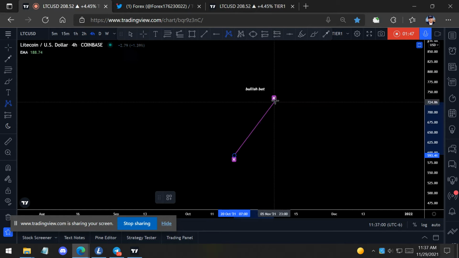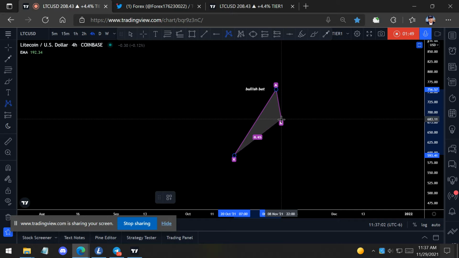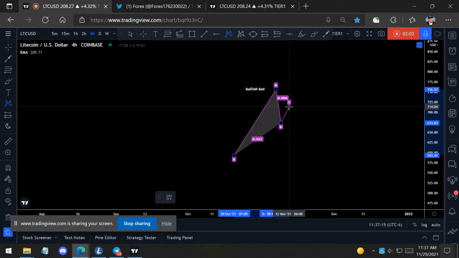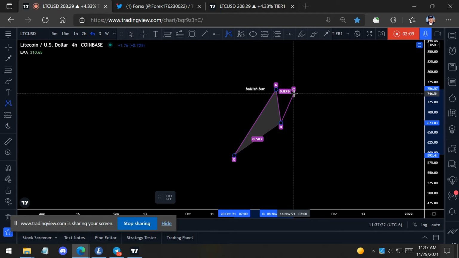So I gotta have an X to A. The B leg has to come to the 50%. It can wick below the 50%. It just can't hit the 61.8. The C leg has to be a minimum of a 38.2. It can come all the way to the A leg as long as we don't break it, as long as we don't wick above it.